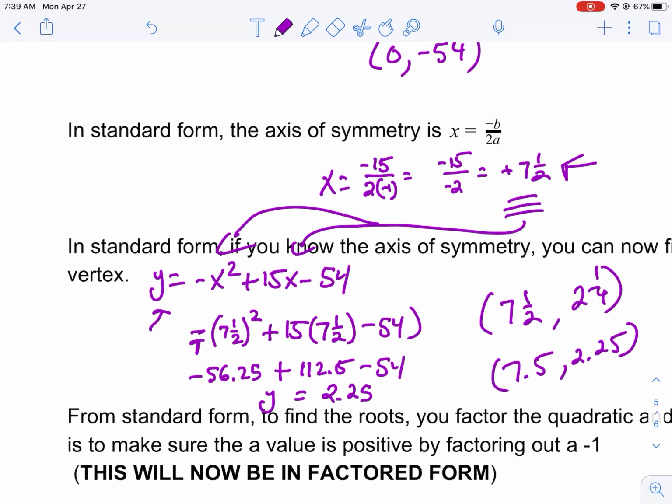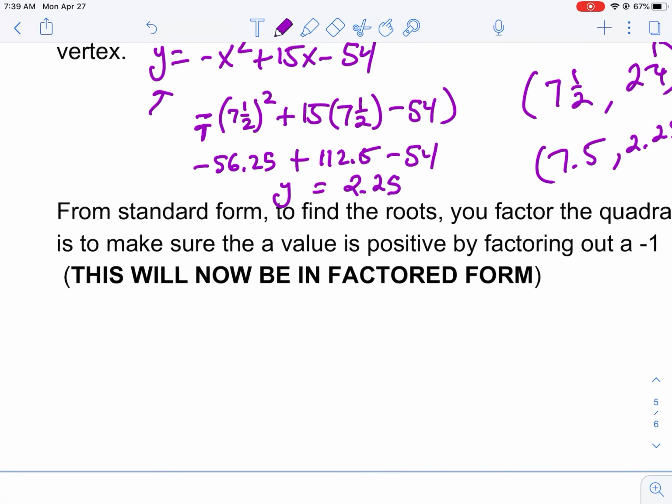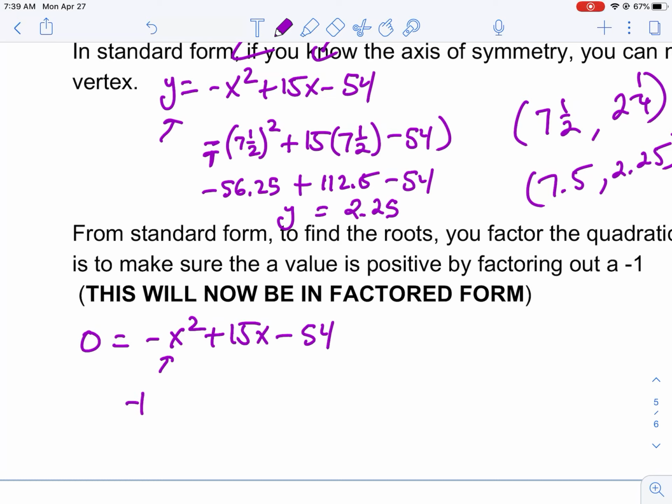Now, this is a little bit of a change, only because we need to find the roots. So this is now equal to 0. We set negative x squared plus 15x minus 54 equal to 0. We want this to be a positive number, so we factor out a negative 1.